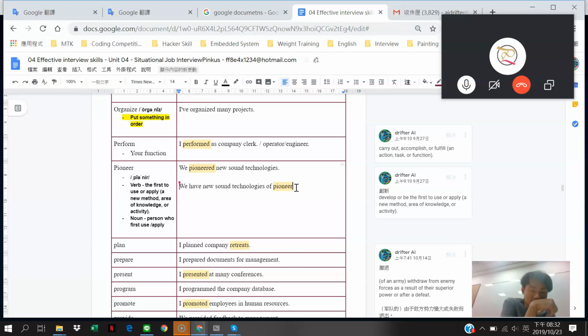But take note, pioneer refers to a person, like an operator, which refers to a person too. So in this sentence, we cannot use pioneer as a noun.